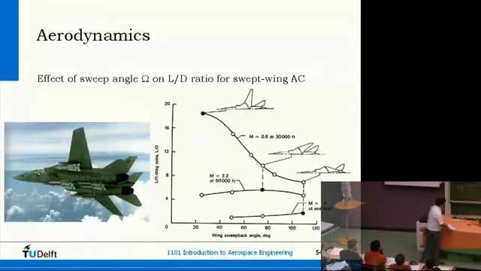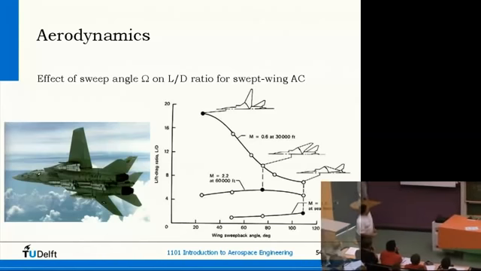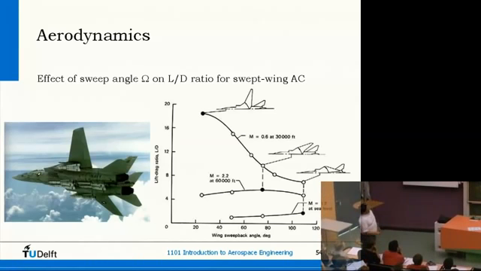Well, here is more or less a similar story, where you have, let's have a look. These are points for this configuration, these are points for that configuration, and here are the points for this configuration. Typical aircraft are the Tomcat and Tornado, which have a variable sweep.